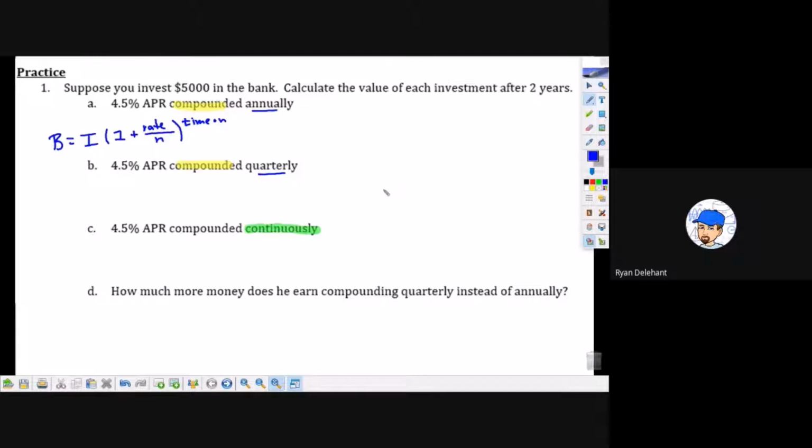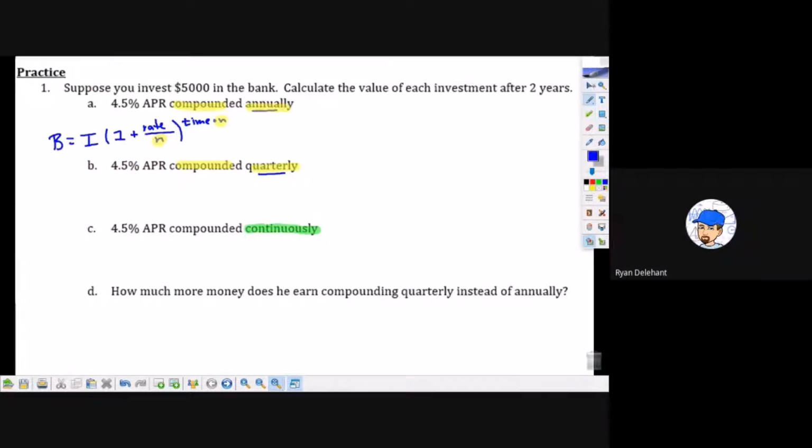And our real trick here is you have to identify each part of this formula. The part that's different is this n. This number n comes from these LY words. It's how many of those things are in a year.